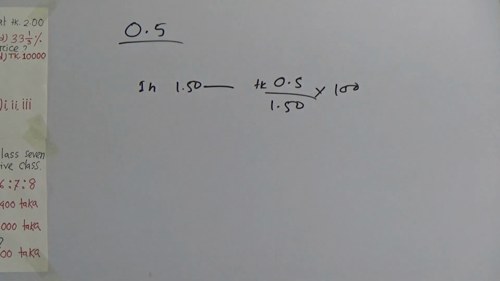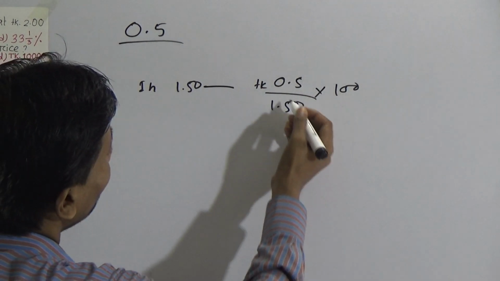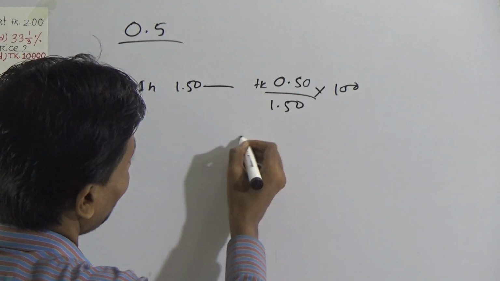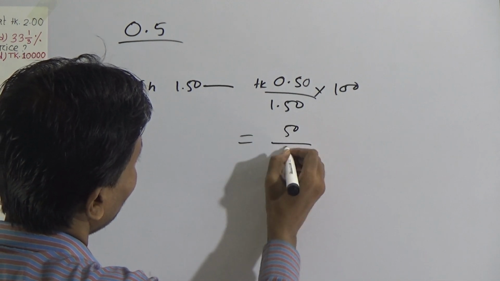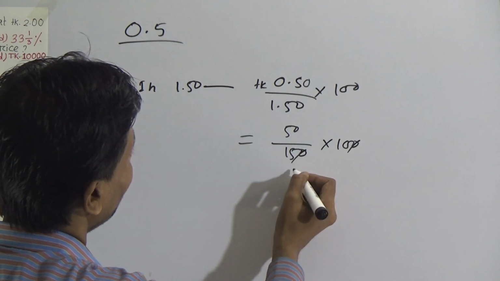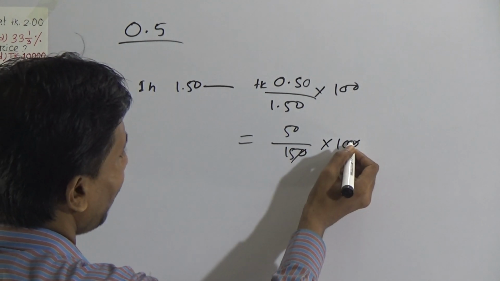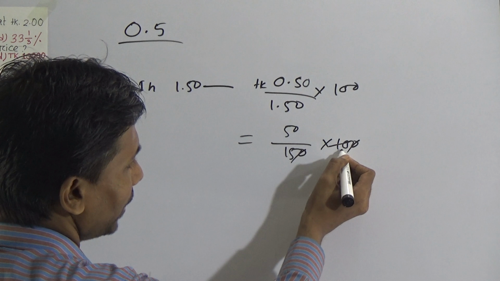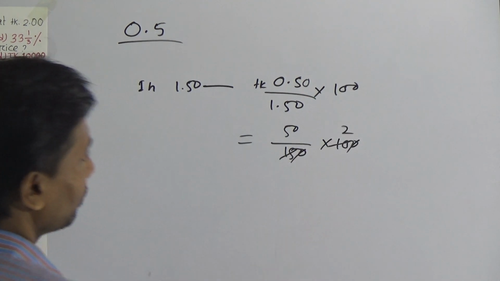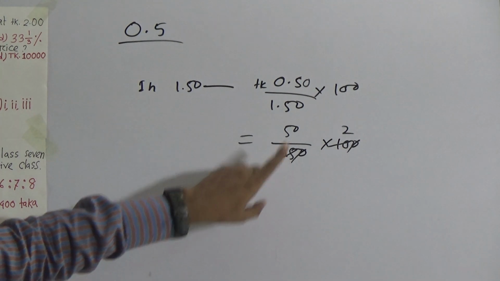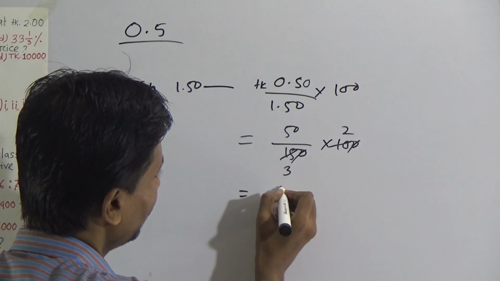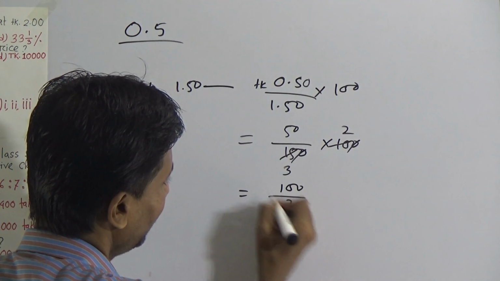Look, 0.5 or 0.50, they have the same meaning. That means 50 by 15 into 100. You see, you divide 10 by 5, then you get 2, you divide 15 by 5, then you get 3, then 50 into 2 equals 100 by 3.